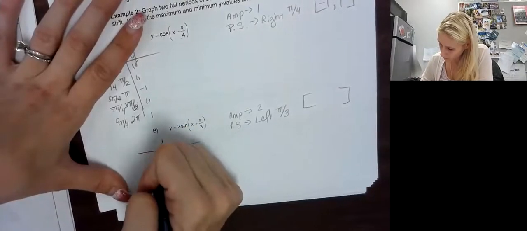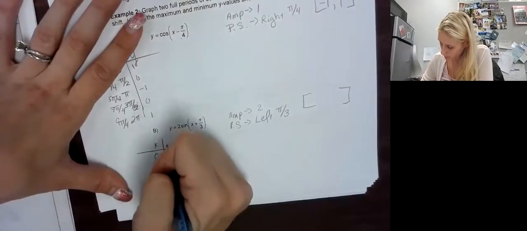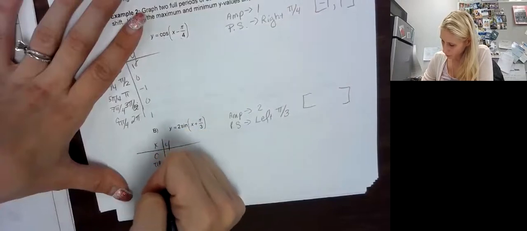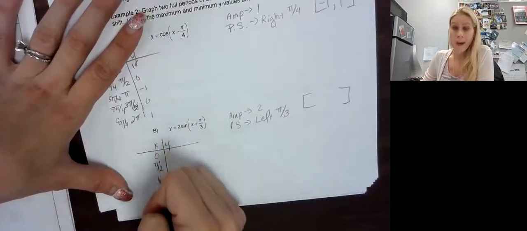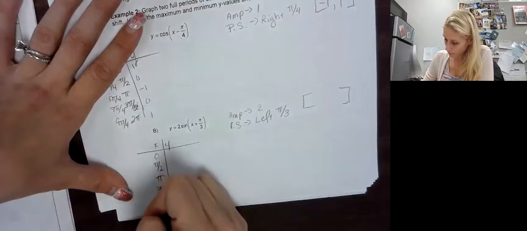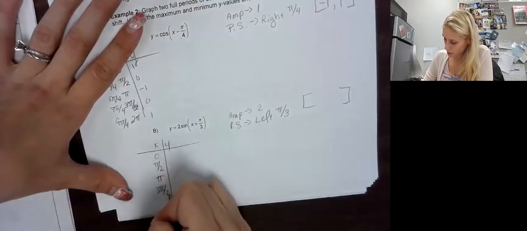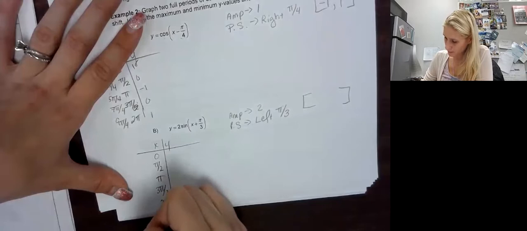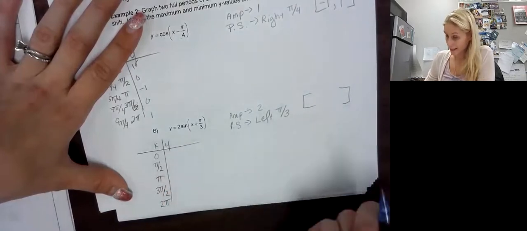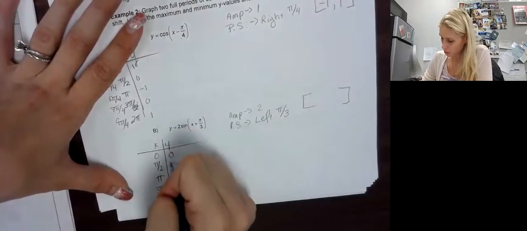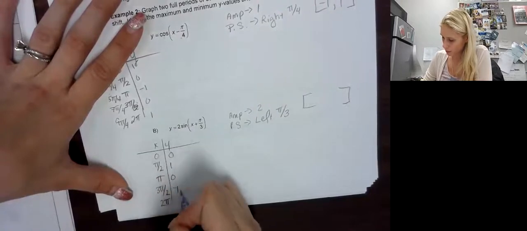So let's see, 0, pi over 2, pi, 3 pi over 2, 2 pi. Remember, you're doing sine, so it's going 0, 1, 0, -1, 0.